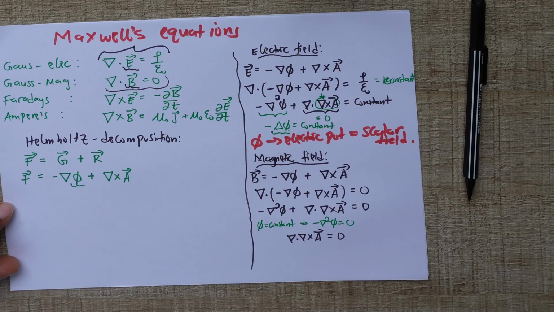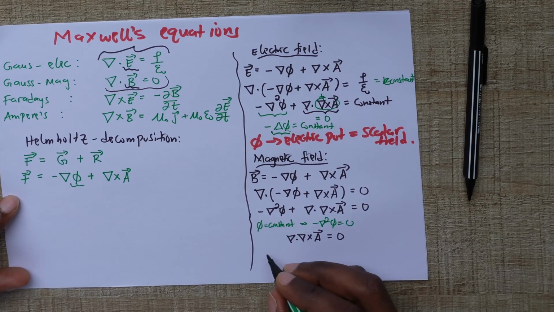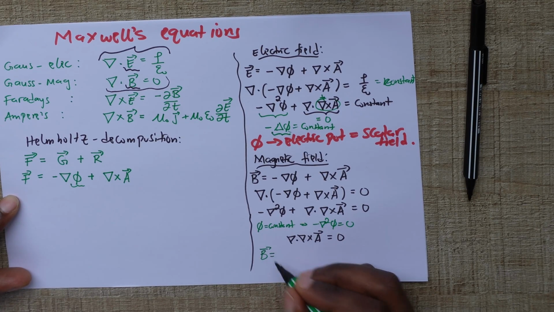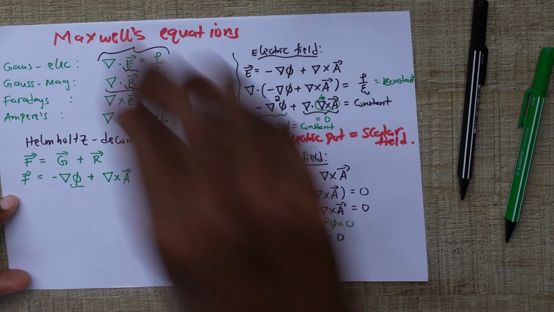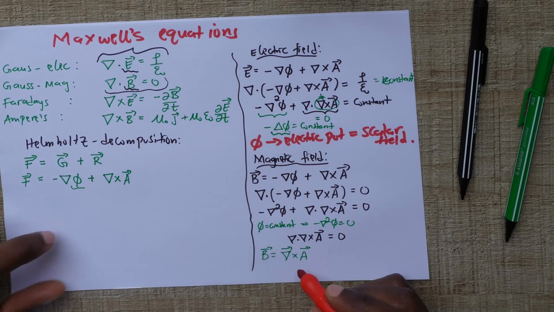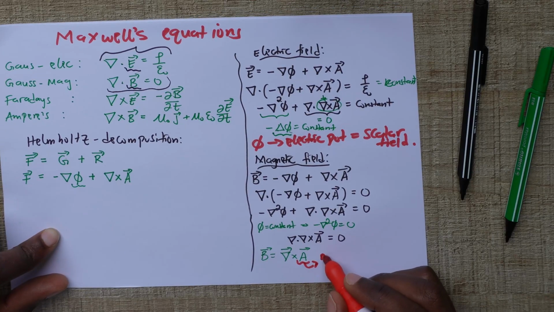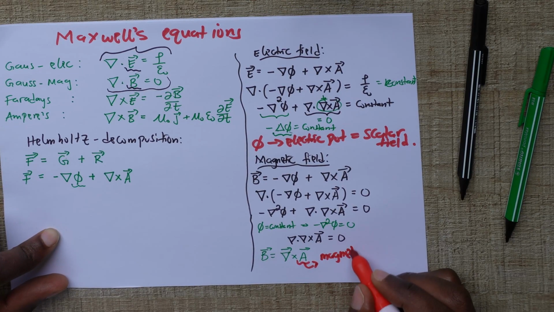So this allows us to confidently say that B can be written as the curl of some field A. Okay? And this A is what is known as the magnetic potential.